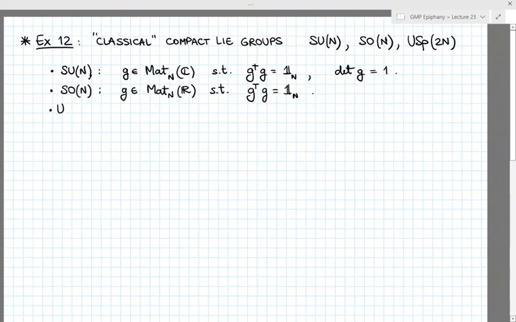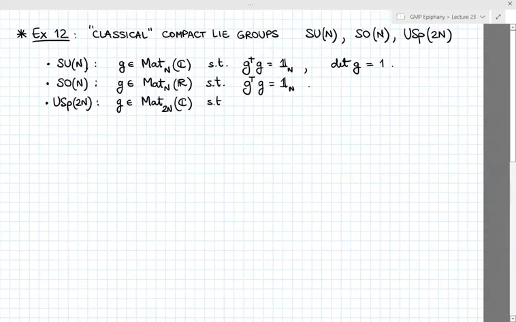And finally, for the unitary symplectic matrices, which you might not have encountered before, G is now a 2n by 2n complex matrix, which is unitary. So G dagger G is the identity of size 2n.